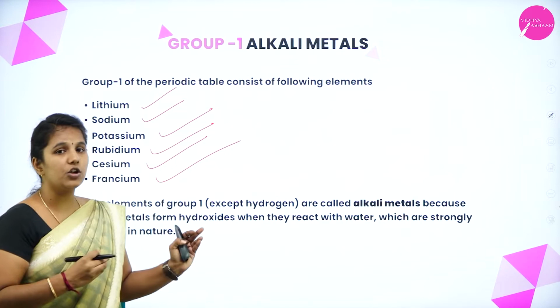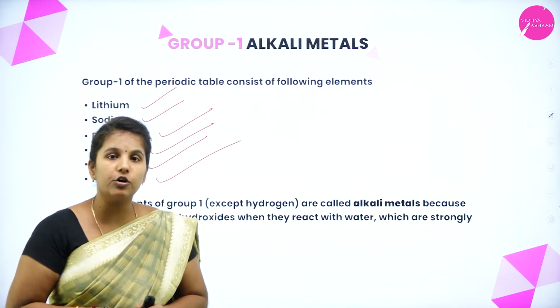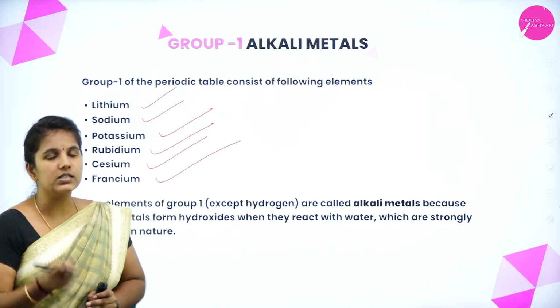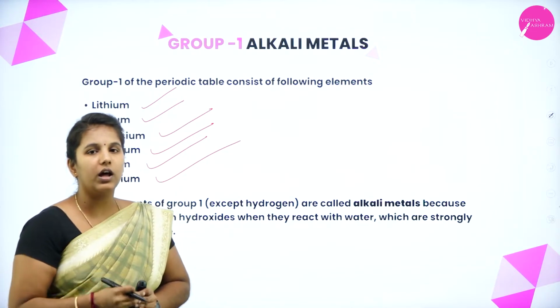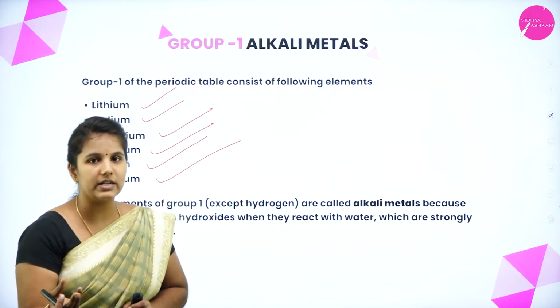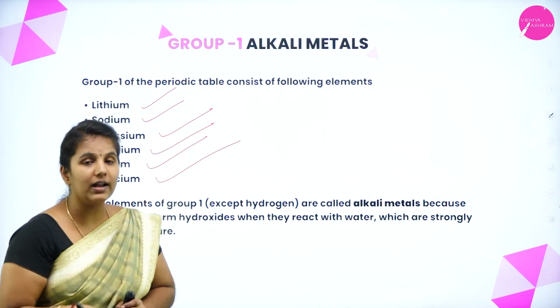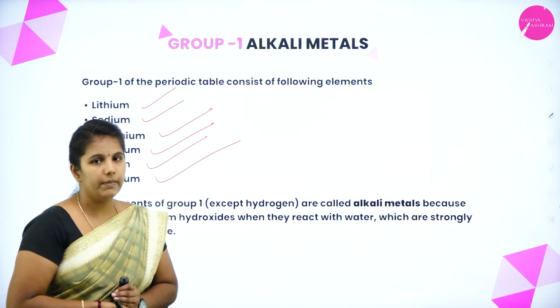Group 1 elements are known as what? Alkali metals, whereas group 2 elements are known as alkaline earth metals. That is mainly because when these alkali metals react with water, they form hydroxides, and that is why they have a strong alkaline nature, hence the name alkali metal.